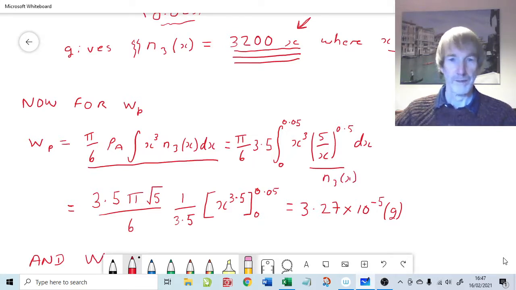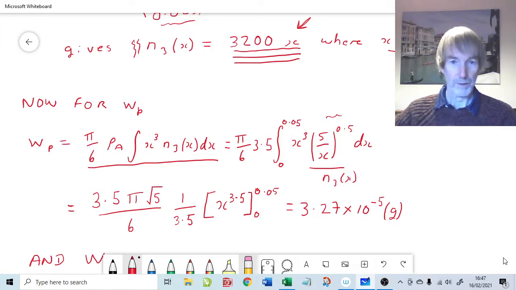And then with the integration, you'll see the 3.5 is the mass there. The root 5 comes from the 5 to the power 0.5 in the integration just here, and the rest of it hopefully makes some degree of sense.